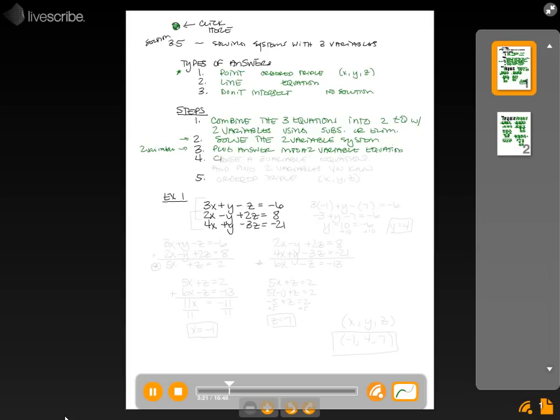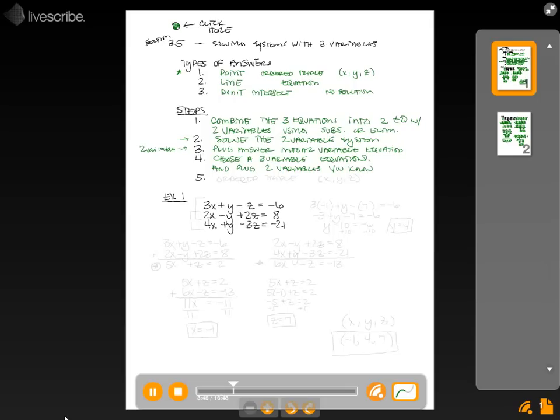Step 4, you're going to plug in numbers again. You're going to choose one of the three variable equations and plug in the two variables you know at this point.